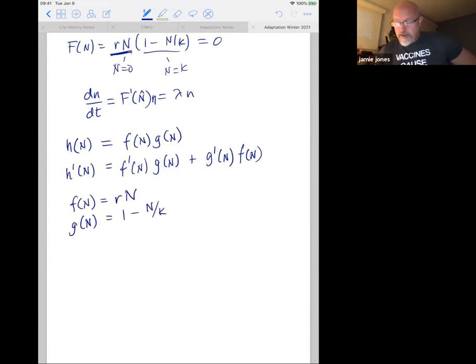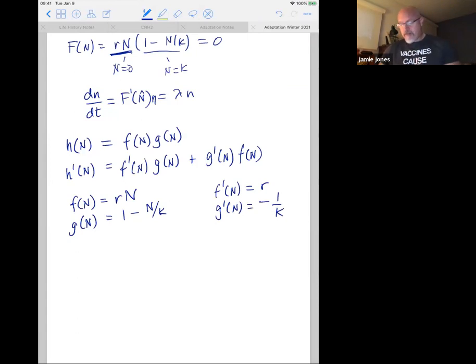The derivatives of those, f prime of n is just equal to r, right? The derivative of Rn with respect to n is just equal to r. And the derivative of 1 minus n over k, g prime of n, is just equal to minus 1 over k. All right.